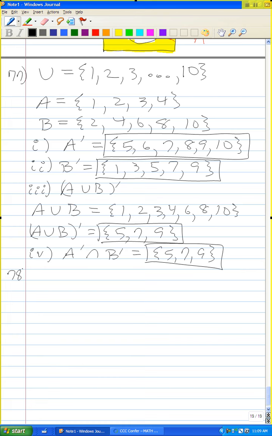78. Let's do 79. The universe is 1, 2, 3, 4, 5, 6. A is the empty set. B is 1, 3, and 5.